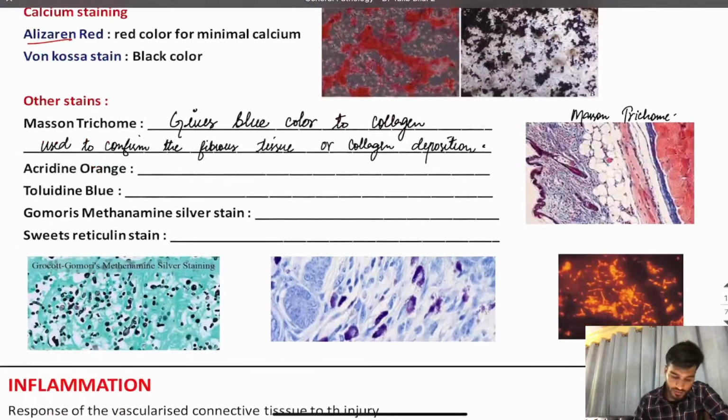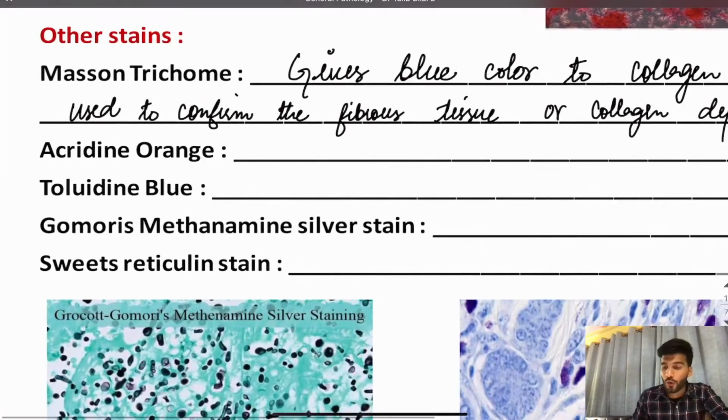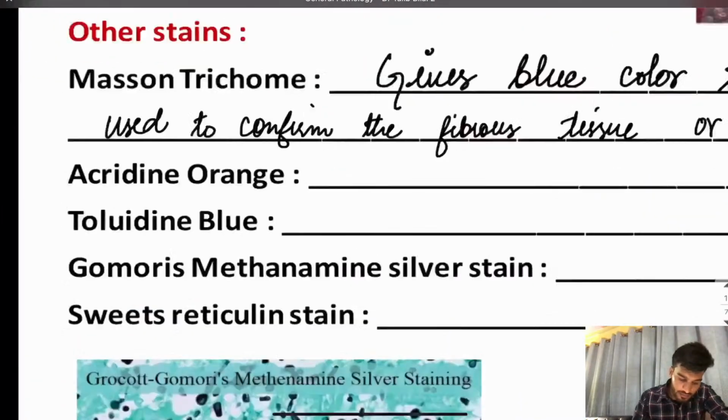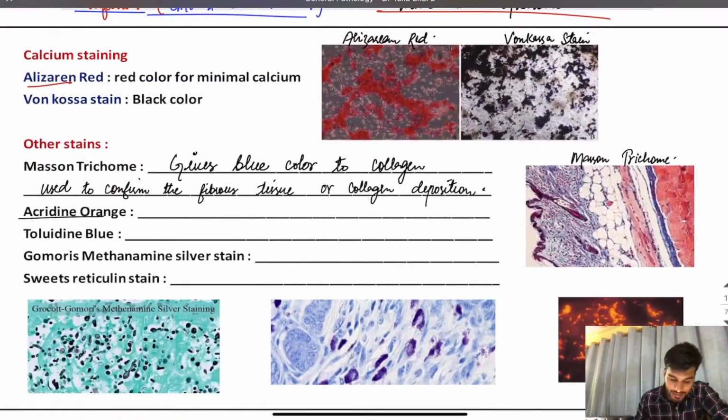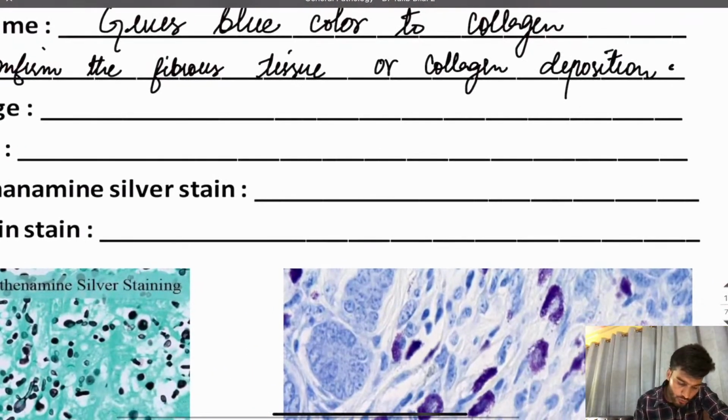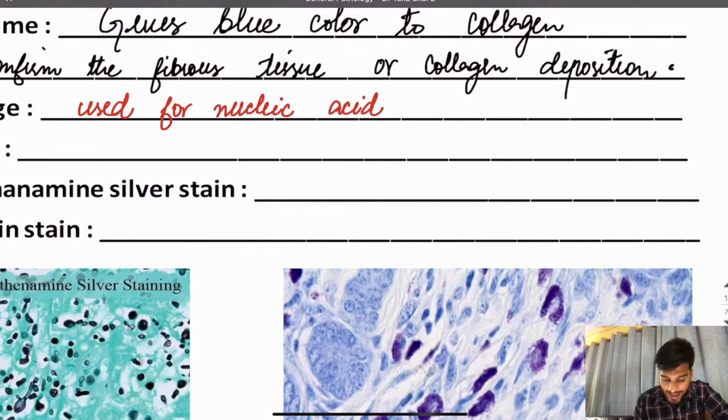Then guys, we have a stain that is used for nucleic acids. The stain is called acridine orange. Okay, what's the name of the stain? Acridine orange. So write it down. It's used for nucleic acids like RNA and DNA.